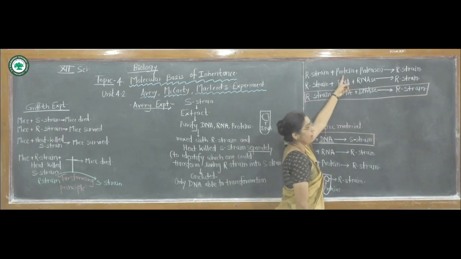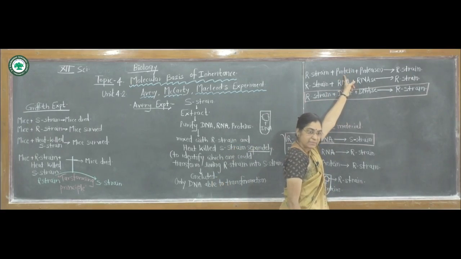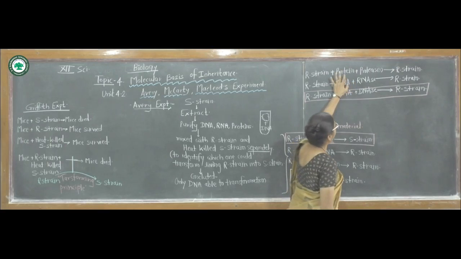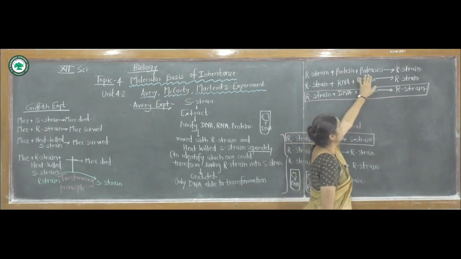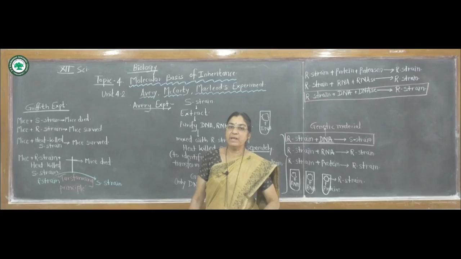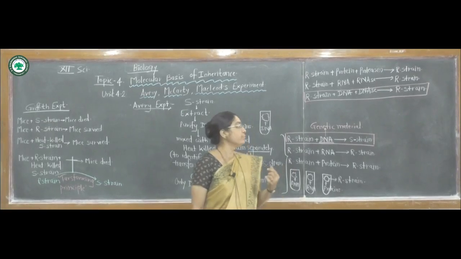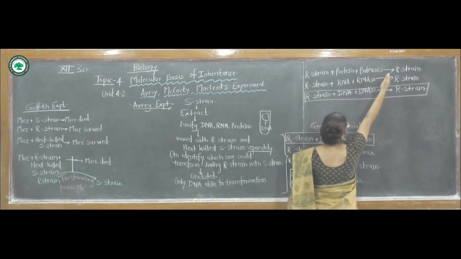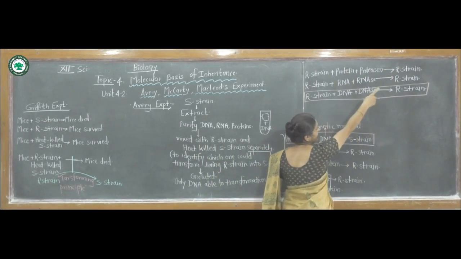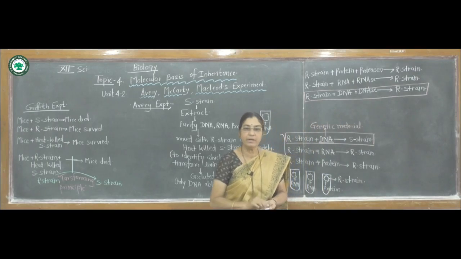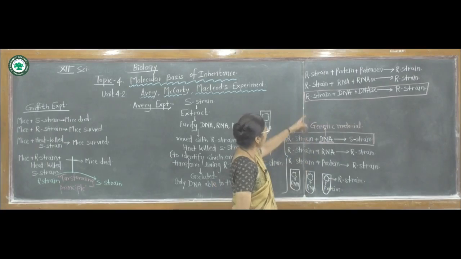That means it is a macromolecule, a complex substance, a much elongated strand of the protein, and the elongated strand of the protein can be broken down in the presence of the enzyme proteases. And then the result observed is that the R strain bacteria remains as it is. That means there is no transformation.